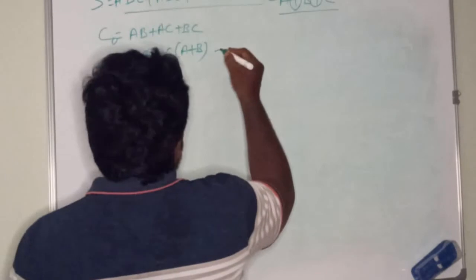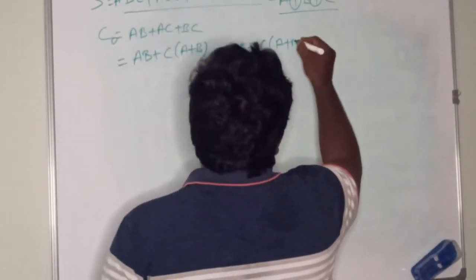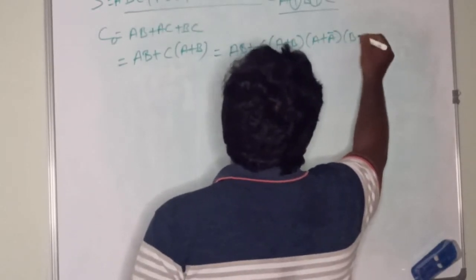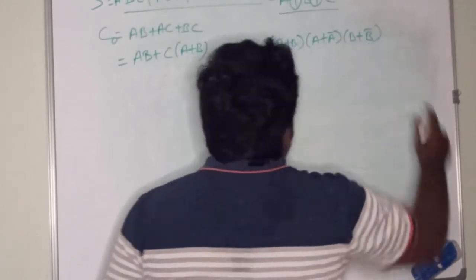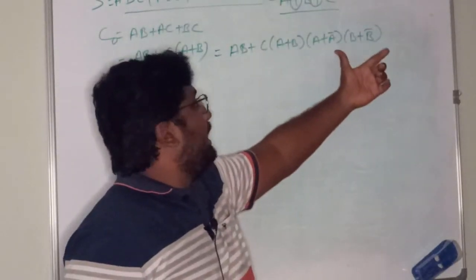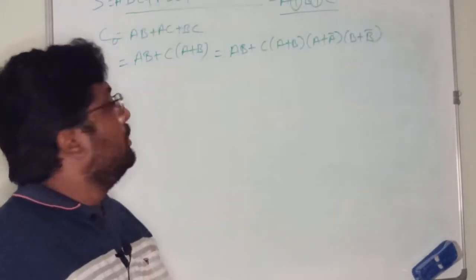So this can be written as AB plus C into (A plus B) into (A plus A complement) into (B plus B complement). Yes, I can write it like this, as A plus A complement is equal to 1 and B plus B complement is equal to 1.